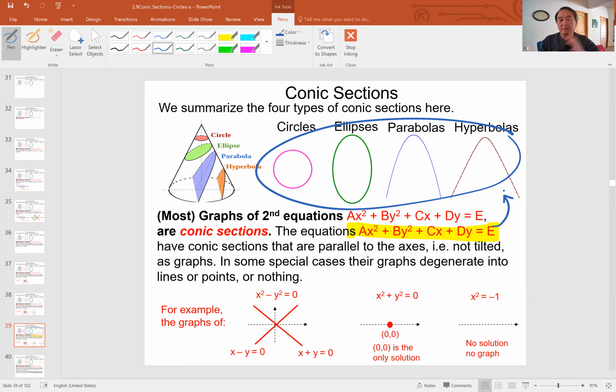How do we differentiate them? It turns out that it's based on two different ideas, one from geometry and one from algebra. The geometry basically is that all these second degree equations came from something related to distance.